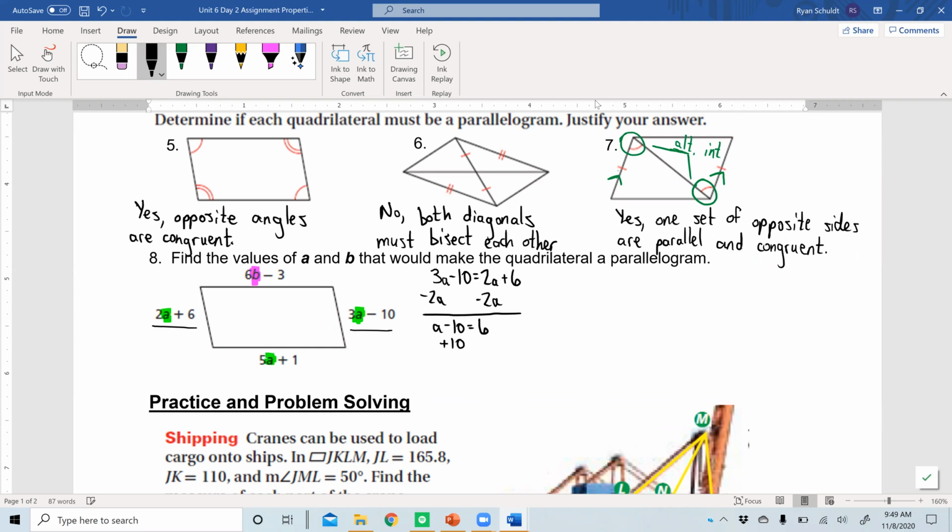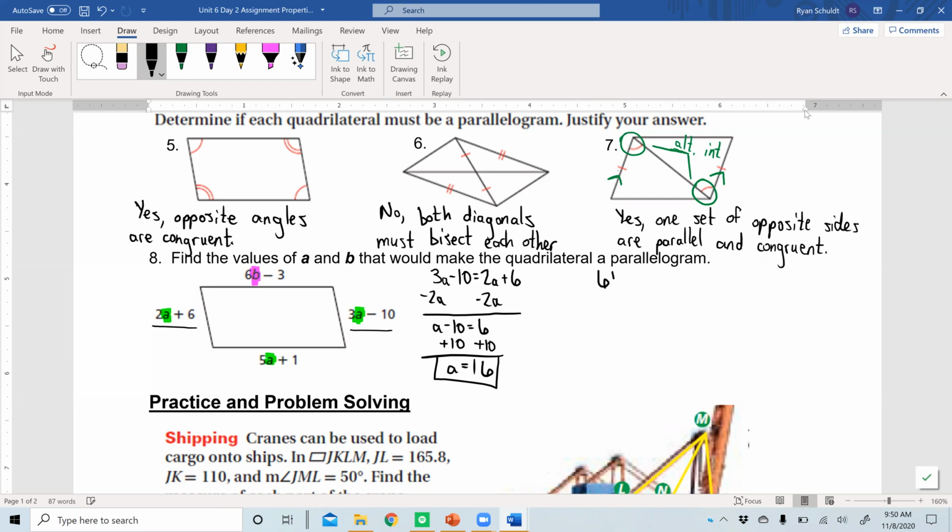Add 10. And we get A equals 16. Now, so that's my A. That's one answer. A is 16. Case closed. Now I've got to find B.